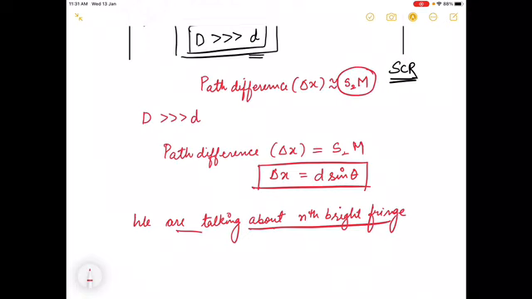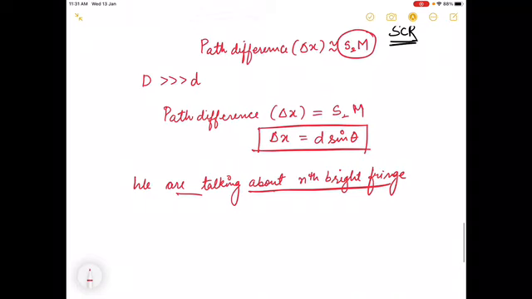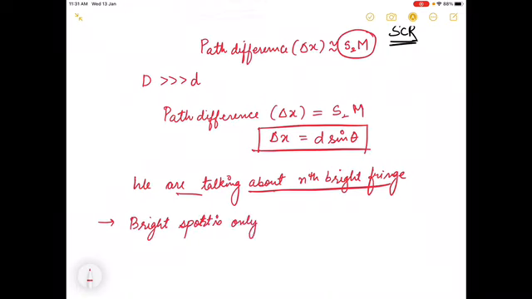In that video we talked about how a bright spot is only obtained wherever there is constructive interference. Yes or no?